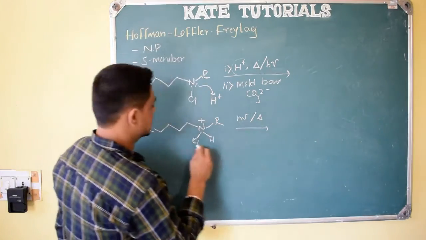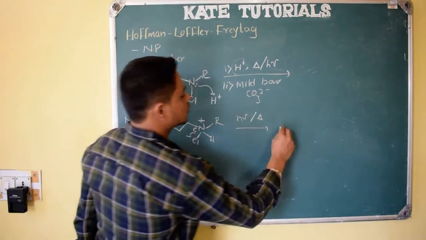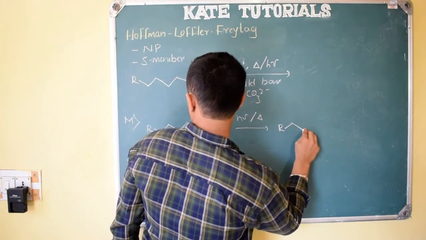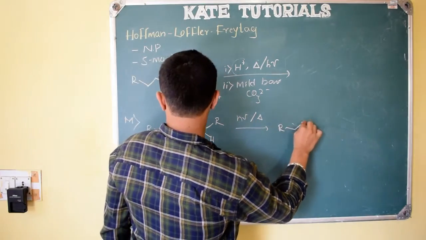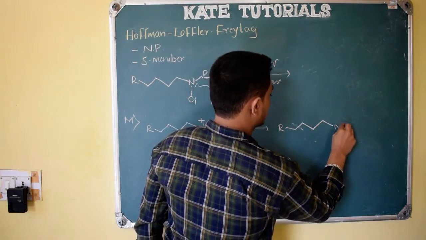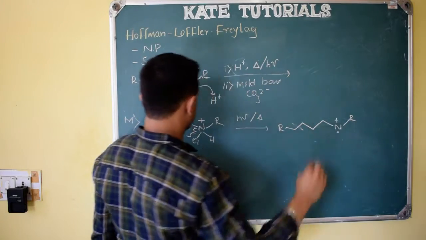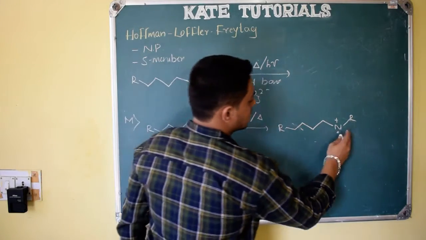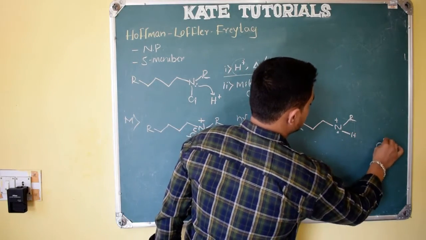How will it happen? Chlorine gets its radical and nitrogen gets its radical. So we will get a compound like this: R, CH2, N, nitrogen having a positive charge, along with one radical here, and chlorine gets its radical, right?